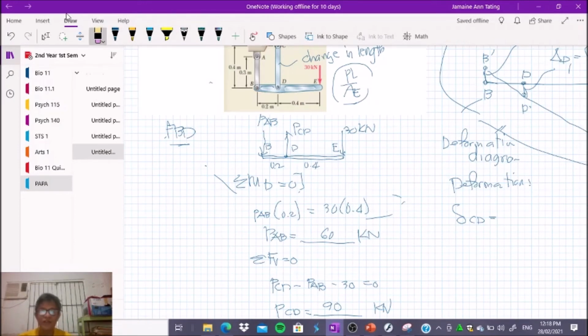Di ba ang formula natin will be equal to PL over AE. So just substitute the value.